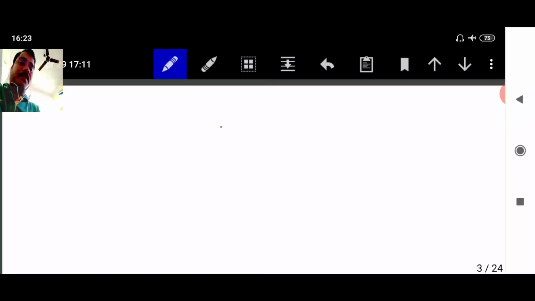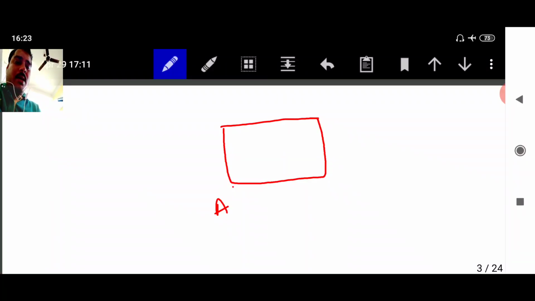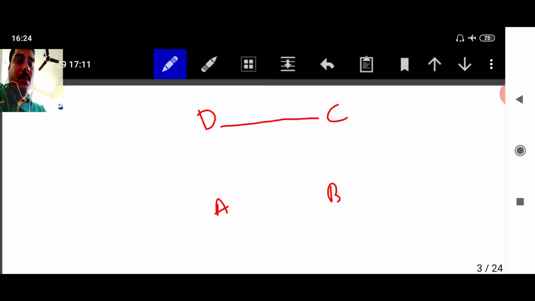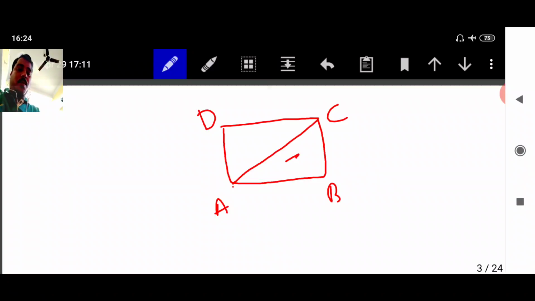Here it is, A, B, C and D. If we draw a diagonal A to C, we get two triangles.